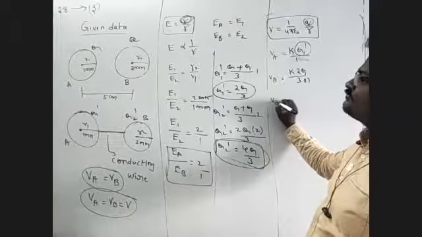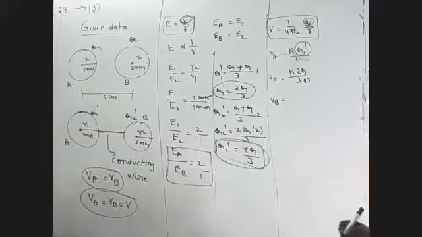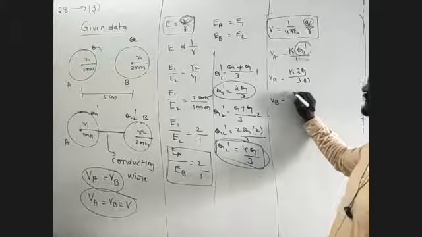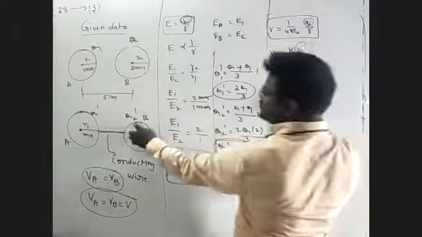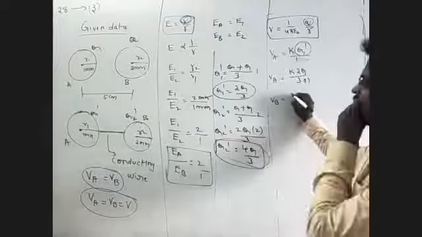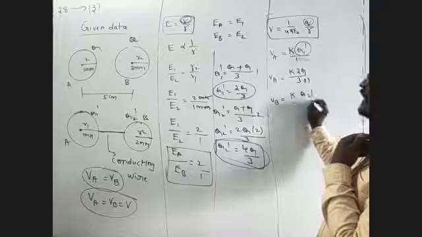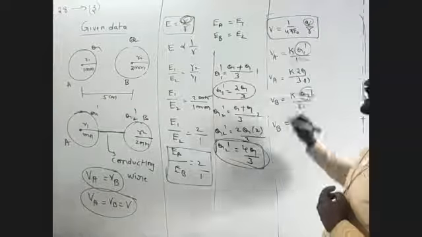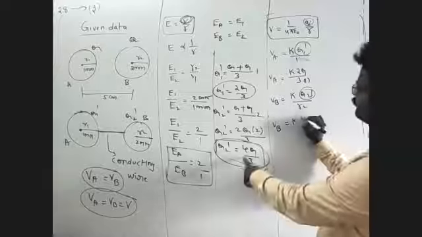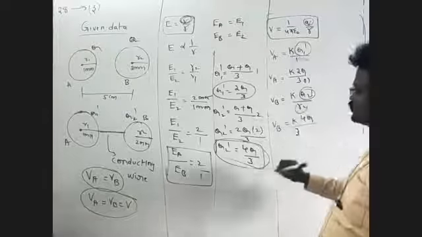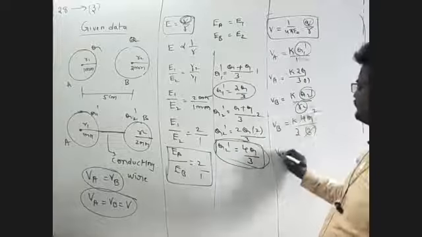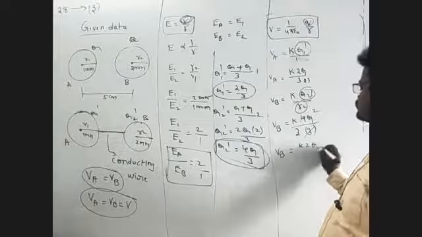Then VB, the electric potential at point B, is K Q2 dash by R2. VB is equal to K times Q2 dash, that is 4Q by 3, by R2, which is 2. The 2s cancel, so VB is equal to K times 2Q by 3.